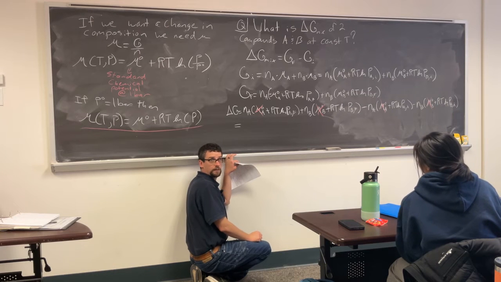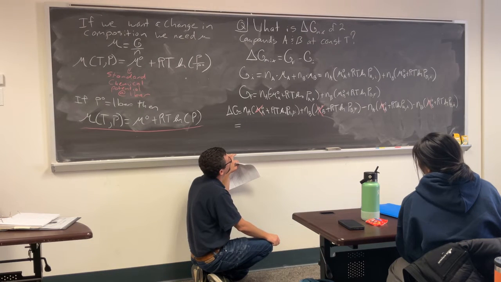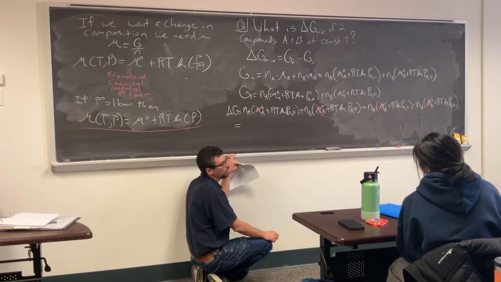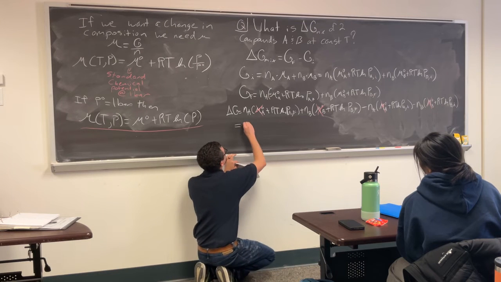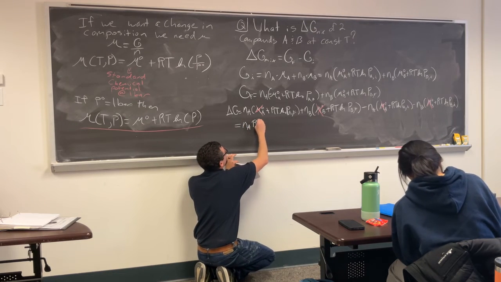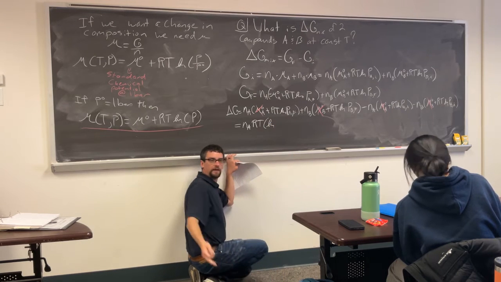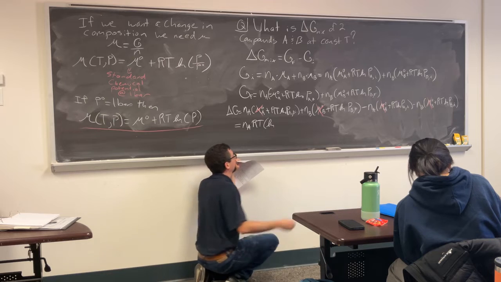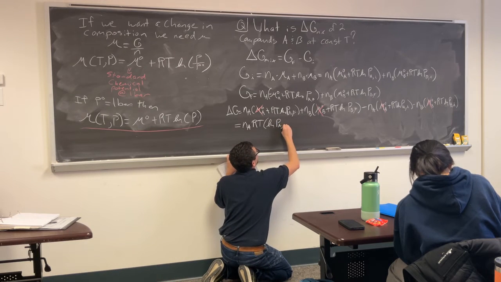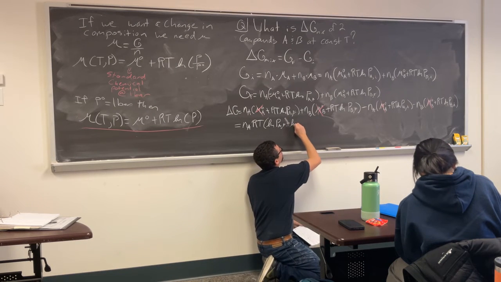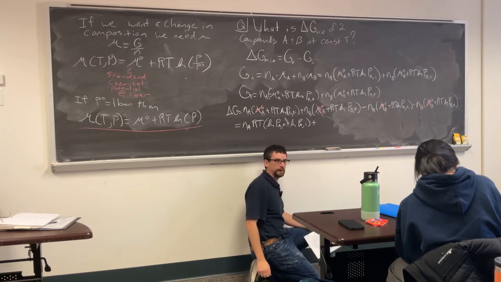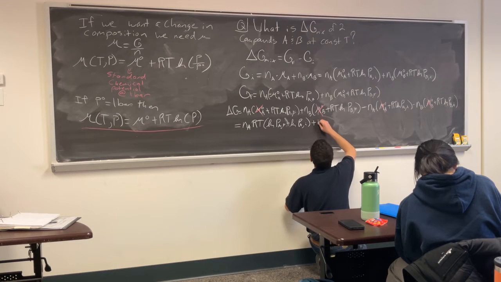What else could you want to distribute just to clean it up a little bit? Okay. The RTs won't cancel, but we could pull them out. Let's put all the A terms and the B terms near one another. What are we going to subtract off this guy? Plus, what do we get for the other term?